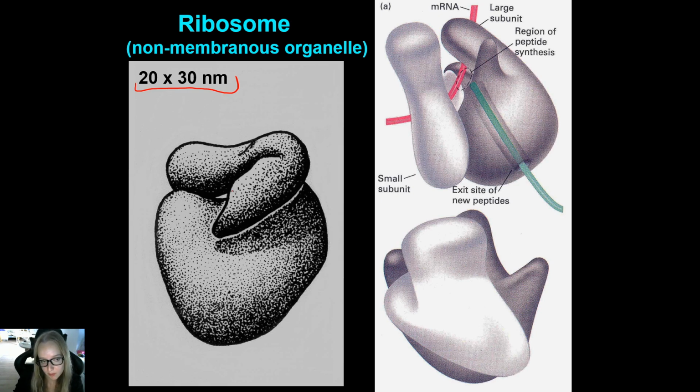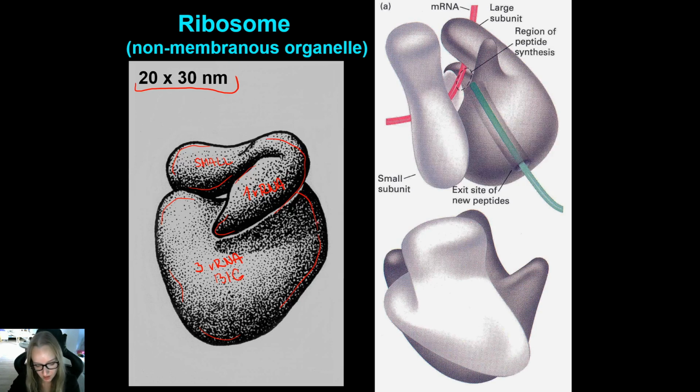A ribosome is composed of a big subunit, which is this big structure down below here, and a small subunit sitting on the top. Three molecules of ribosomal RNA are in the big subunit, and one molecule of ribosomal RNA is in the small subunit.